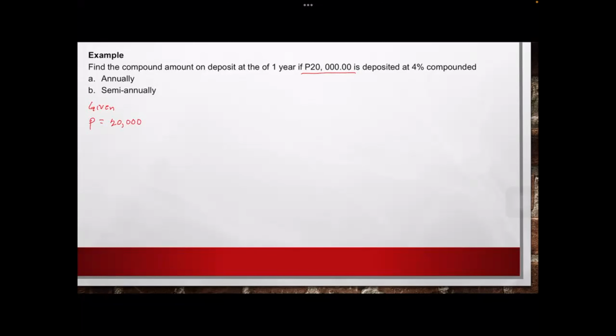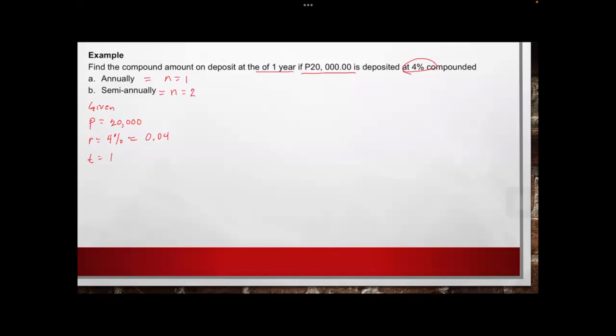Now, deposited at 4%, so this will be R, 4%, equal to 0.04, that is the equivalent of 4%. Next, meron tayo ditong 1 year, so this is the time. Letter A, annually, your N is equal to 1. And here, semi-annually, N is equal to 2.